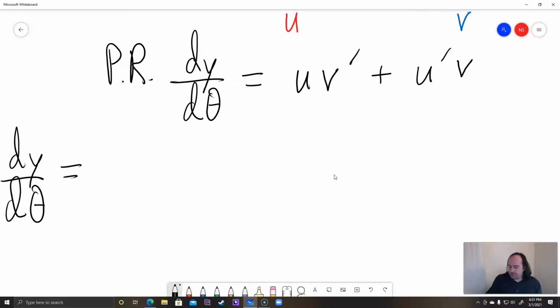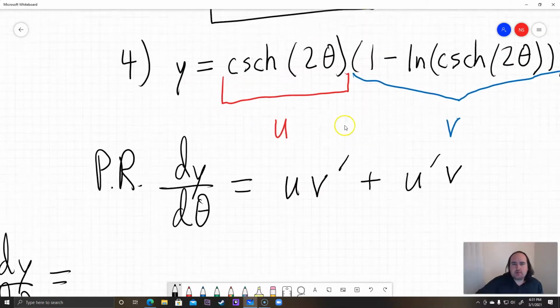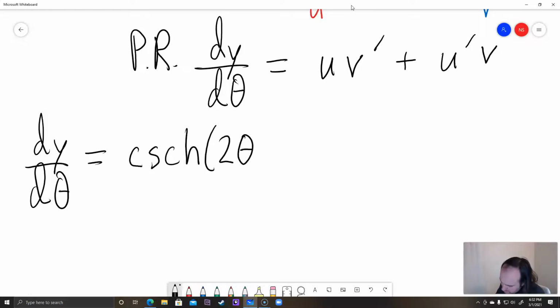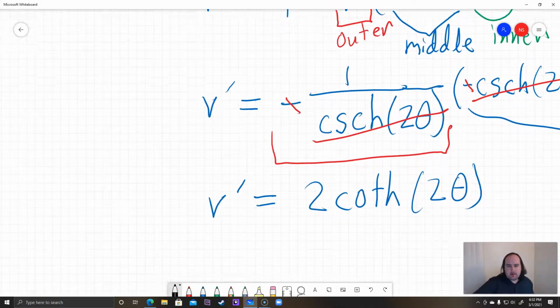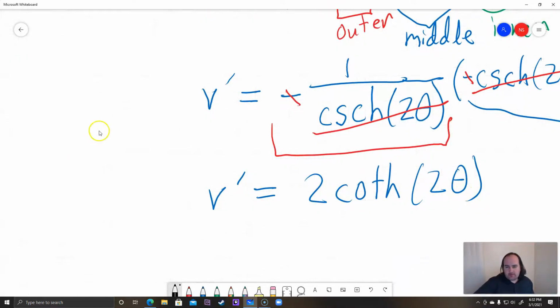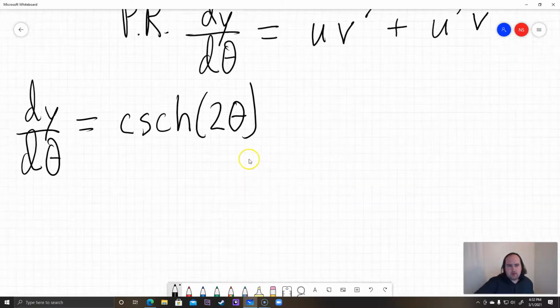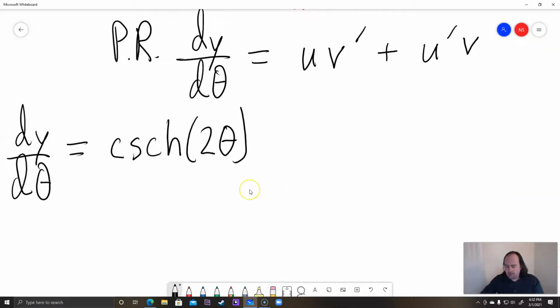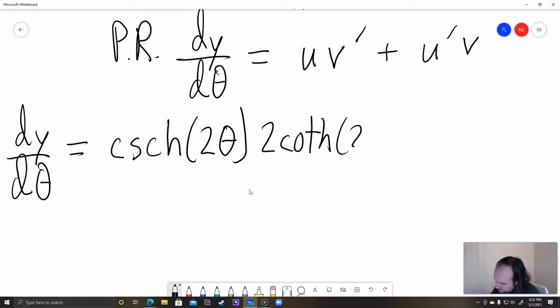equals u v prime. Okay, so in this problem, u was cosec of 2 theta. So we have cosec of 2 theta for u times v prime. Well, what was v prime? Well, we just calculated it. V prime, we said, was 2 coth of 2 theta.